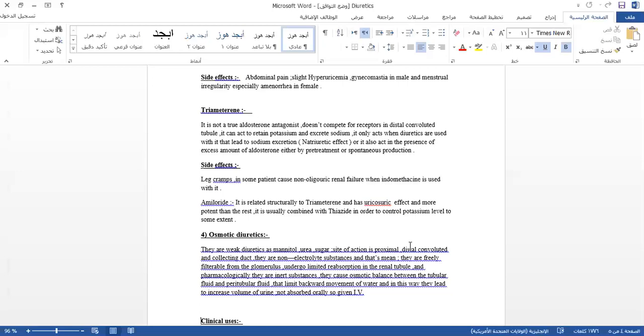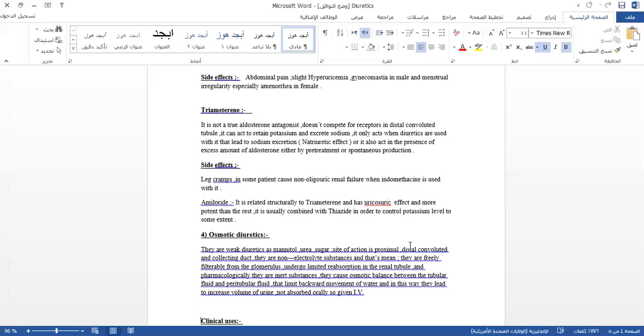This group of drugs differs from the first three groups, the natriuretic effect. How? They are weak diuretics, such as mannitol, urea, and sugar. Site of action: proximal convoluted tubule, distal convoluted tubule, and collecting ducts.